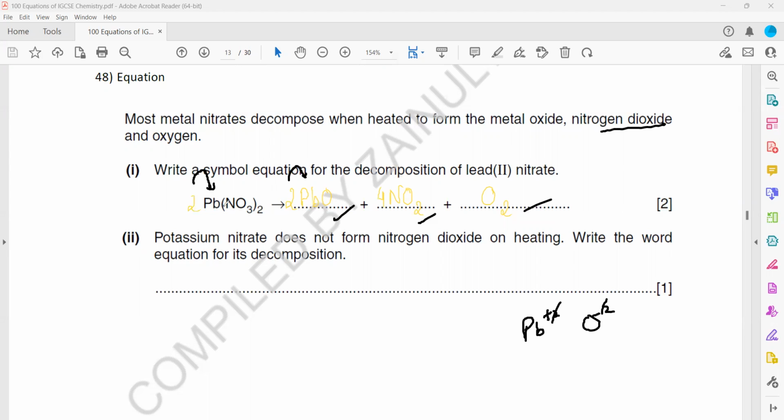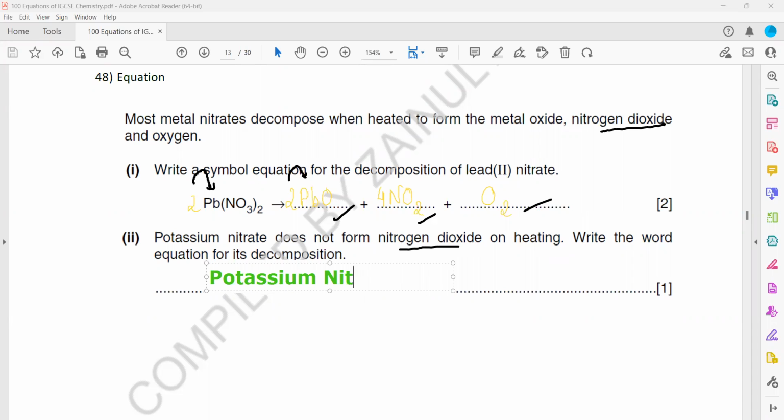So for thermal decomposition equations, either you learn them or you just remember the order, that is fine. But I advise you to learn the thermal decomposition equations for metal nitrates, metal carbonates, and metal hydroxides. Potassium nitrate does not form nitrogen dioxide on heating. Write a word equation. If we heat potassium nitrate, it forms potassium nitrite and oxygen.